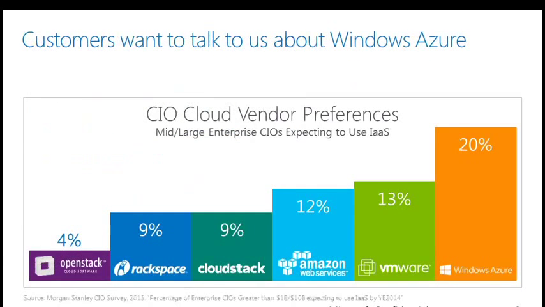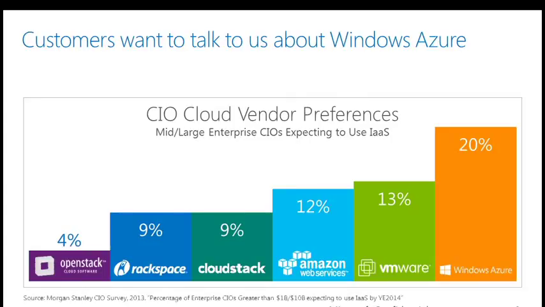Now, another interesting survey, again an independent survey carried out by Morgan Stanley, looked at customers adopting cloud services and what the different vendor preferences were. As you can see, 4% were OpenStack, a few of them around Rackspace and CloudStack, but interestingly enough, only 12% cited Amazon Web Services.